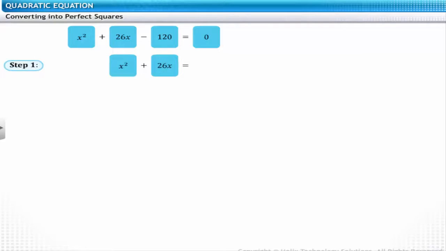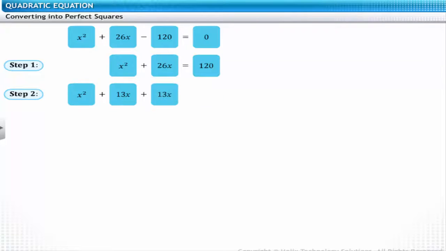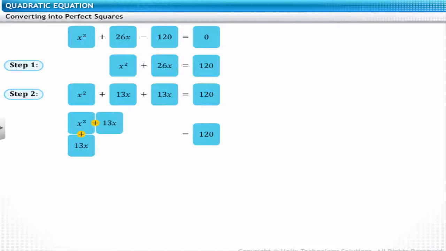Bring the constant value minus 120 to the right-hand side of the equation. The resultant equation is x squared plus 26x is equal to 120. Step 2. Divide the second term 26x into two equal parts. Each part is 13x.